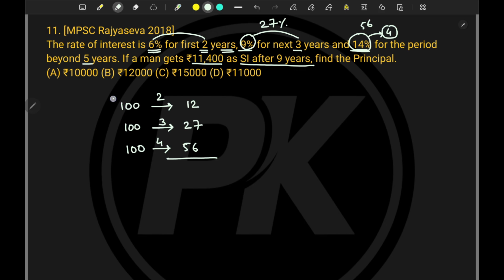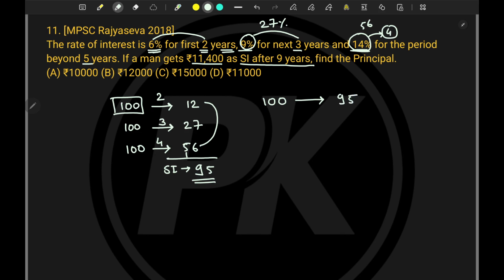Now on the principal of 100 rupees, how much SI did that person earn? It is 12 plus 27 plus 56. 6 plus 2 is 8, 8 and 7 is 15, 5 plus 1 is 6, 7, 8, 9. So 95.